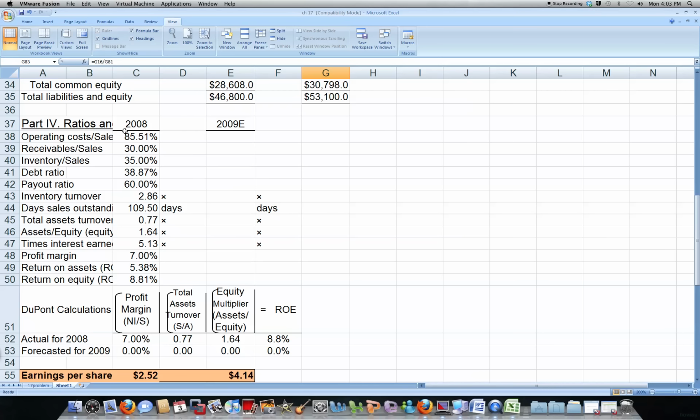Some of these are givens, and we've already filled out some of these, but then you'll need to find your inventory turnover, your day sales outstanding, your total assets to equity, times interest earned, profit margin, return on assets, and return on equity, along with your DuPont calculations. So that is 17-14 part B. Good luck.